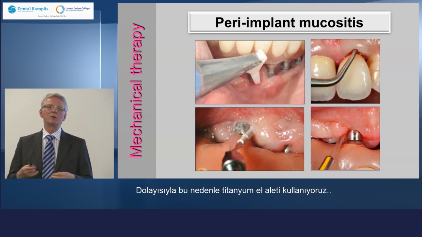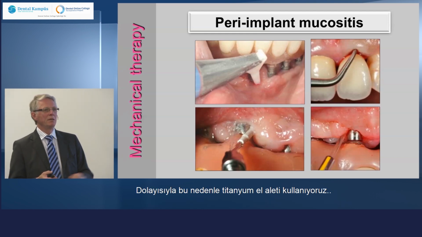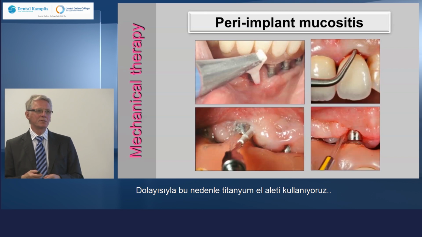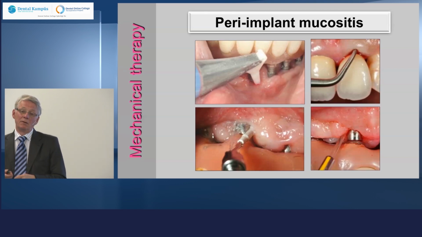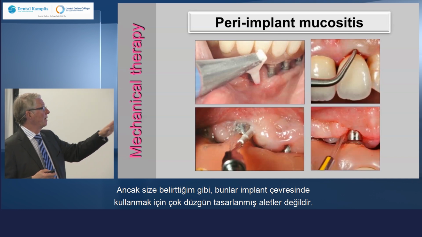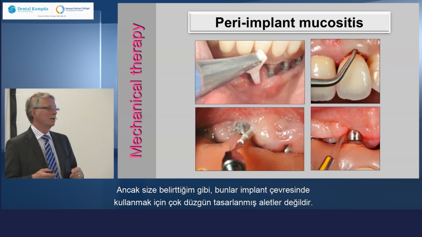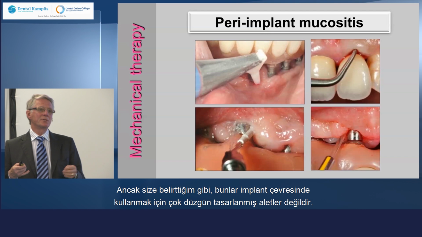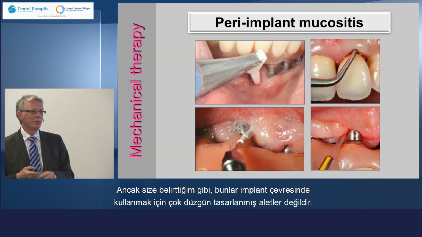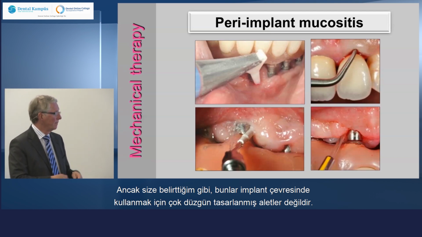So this is our reason for using titanium hand instruments. But as I told you, they are not the most well-designed things to use around implants, as you may of course know.